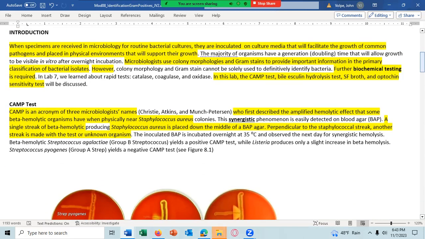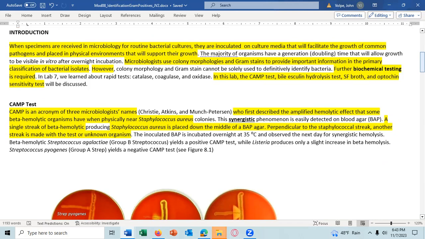When specimens are received in a microbiology lab for routine bacterial cultures, they are inoculated on culture media that will facilitate the growth of common pathogens and placed in physical environments that will support their growth, usually an incubator.